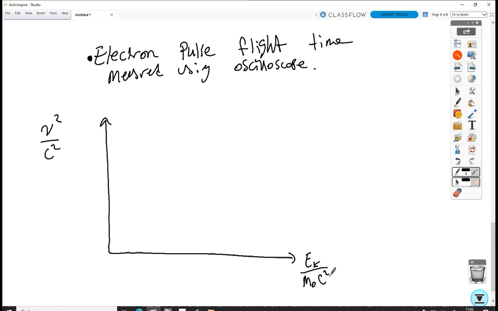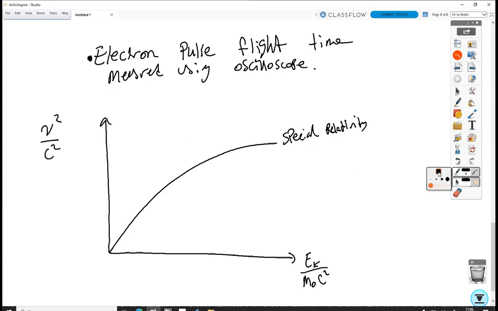The relativistic approximation gives us something that looks like this. So this is special relativity. Then the classical or Newtonian approximation gave us this.